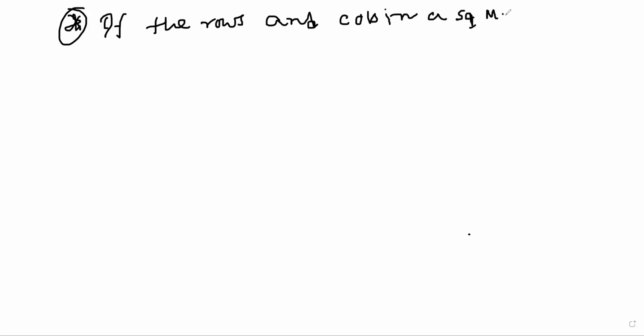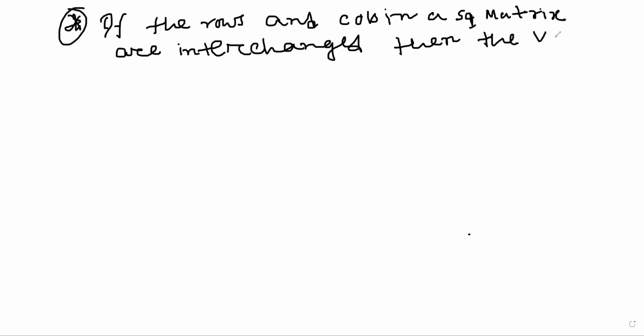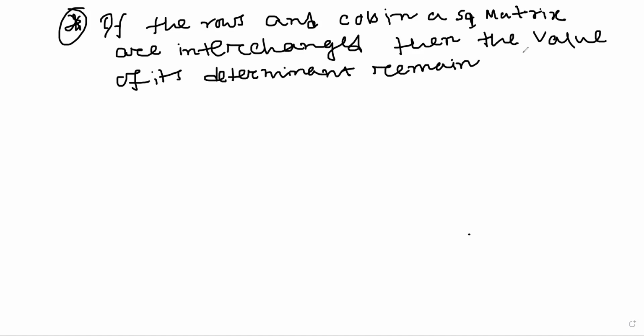So the point is, if the rows and columns in a square matrix are interchanged, then the value of its determinant remains the same.